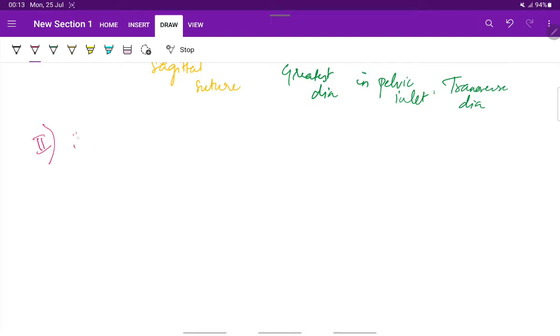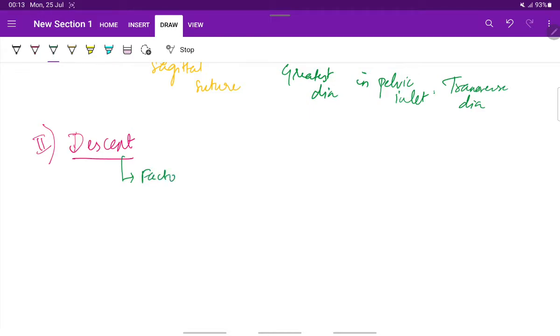The second is descent. There is descent of the fetal head from the pelvic brim into the pelvic cavity. What are the factors which help in the descent?